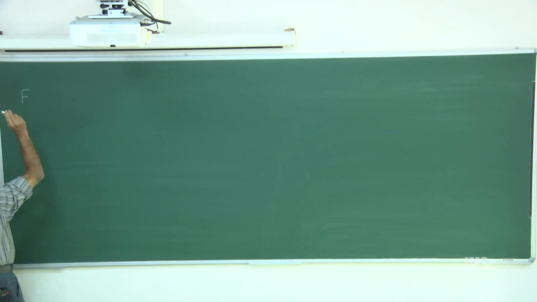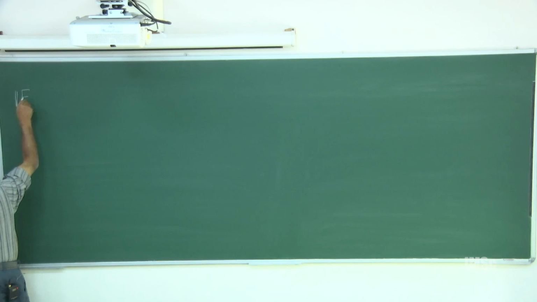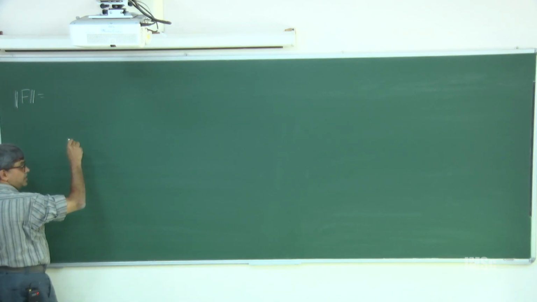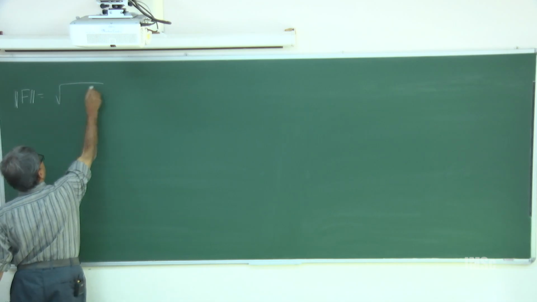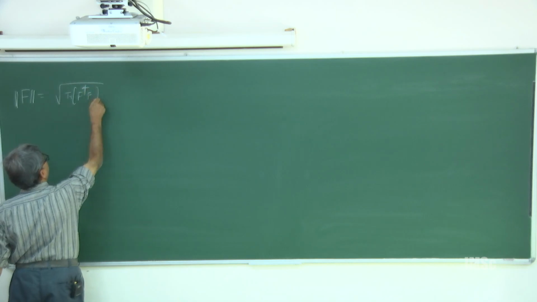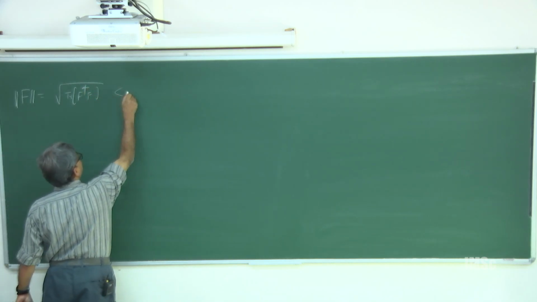Bounded operator in the sense that if I take its norm, which is the square root of trace of f dagger f, this is finite.